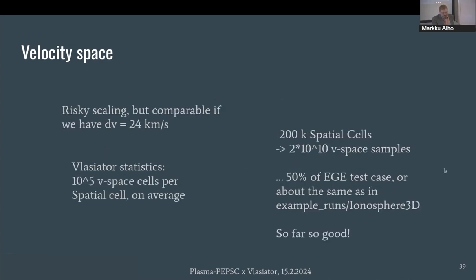So what does that mean for our simulations? Yeah, let's keep in mind it's a bit risky. And with these statistics and 200,000 spatial cells, we get 2E10 velocity space samples in the whole simulation, and this is about 50% of the EGE test case, and about the same as in this ionosphere 3D in the example runs.